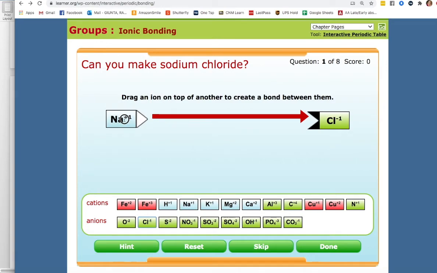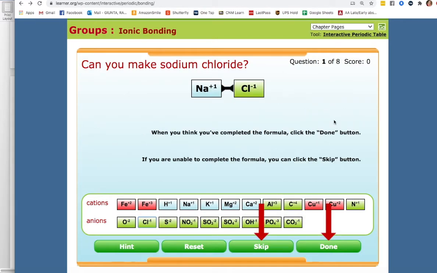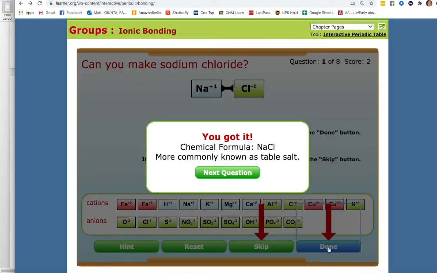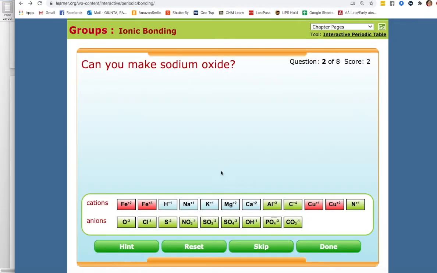The triangle on the sodium is because it's a +1 charge, and then the inverse triangle on the chlorine is the -1 charge, so it's showing how they fit together. So to get them to fit together, you drag them on top of each other, and then they go together like that, and you say done, and it gives you the full formula, which is NaCl. Because it was a +1 and a -1, we just needed one of each.